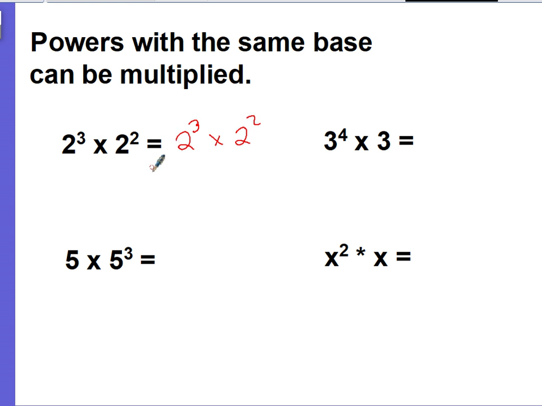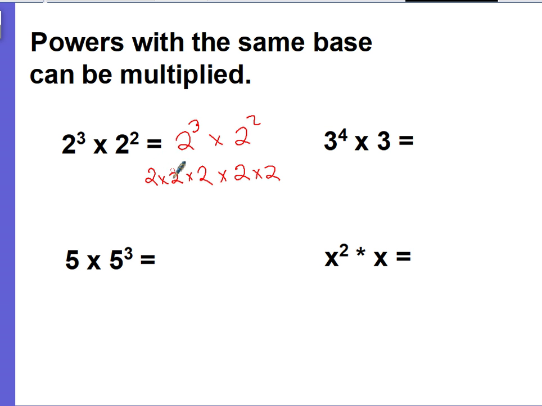That means 2 to the third is 2 times 2 times 2. We also know that it's being multiplied by 2 to the second, which is 2 times 2. If you look at what we've done, we've made a new repeated multiplication problem.